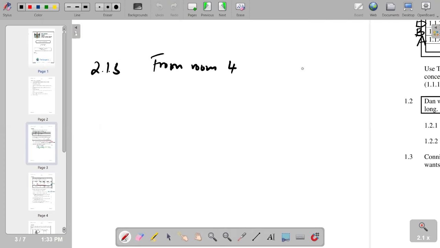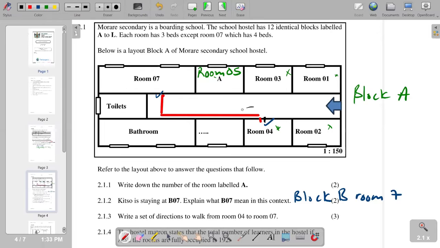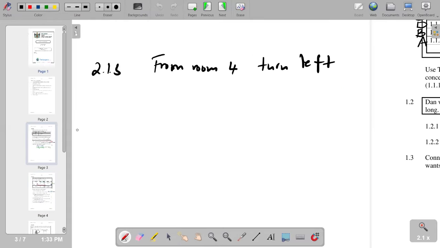Turn left. So we are seeing that we have to turn left going this side. And then you have to walk. You have to walk straight to the end of the passage.